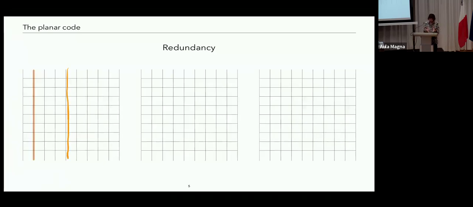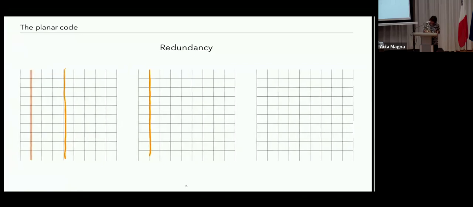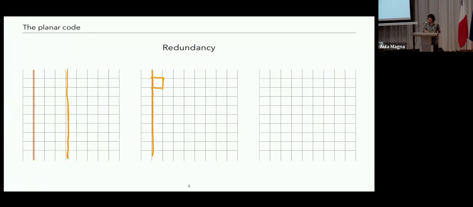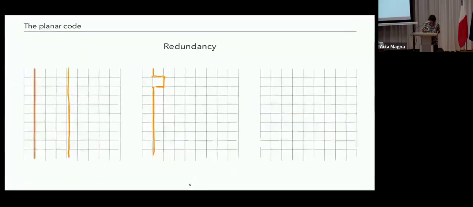And how can I see that these are actually equivalent? It's easy. If I have this logical operator here, I can add identity, because you can always add identity to your system. And what you obtain is an operator like this, right?